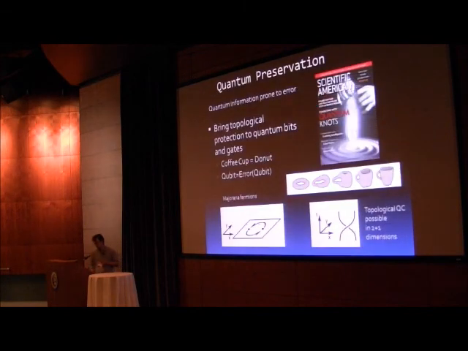The last thing that I want to talk about is quantum preservation. I didn't mention this. I've been glossing over a lot of stuff, and you can ask me afterwards about all the things that I've neglected or thrown under the quantum rug.